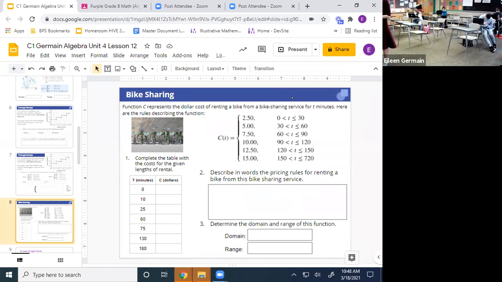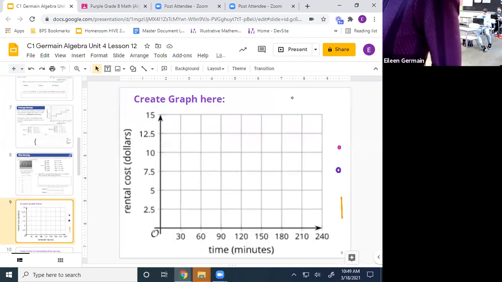Think logically. You might need to think logically for that first one. Not that you don't think logically. Okay. If you finish early, which you don't need to rush to do, we're going to be creating a graph on slide number 9 next.